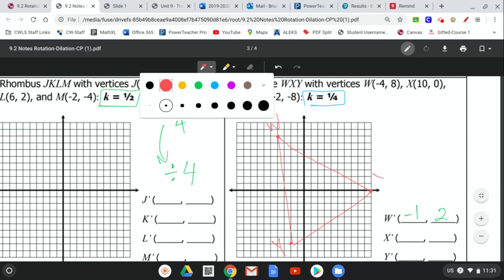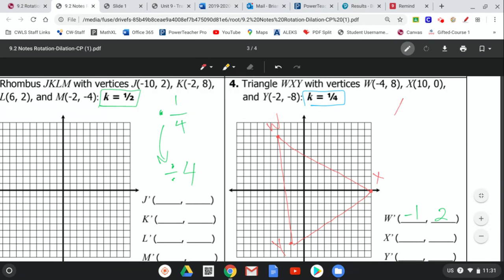If we move on to our next coordinate, that will be X. X is at (10, 0). We are going to divide by 4 to find the coordinate for X prime, and that's going to give us 2.5. Guys, just be careful on MathXL.